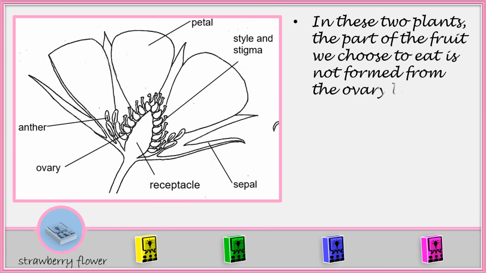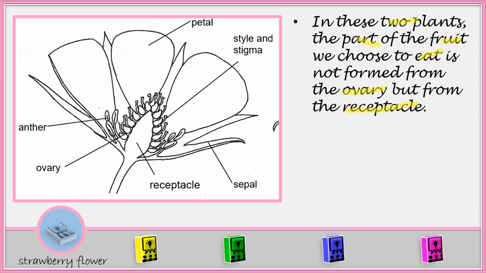We shall start with the strawberry. In these two plants, the strawberry and the apple, the part of the fruit we choose to eat is not formed from the ovary, but from the receptacle.